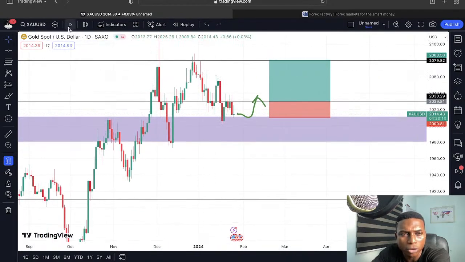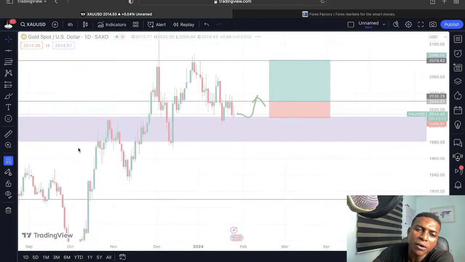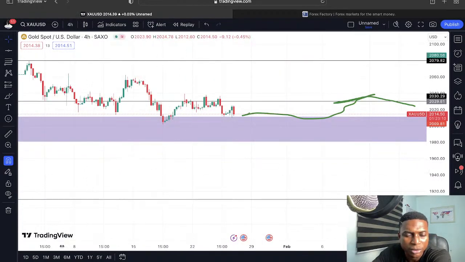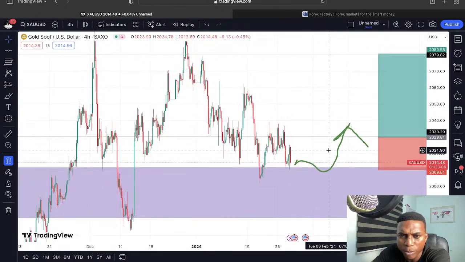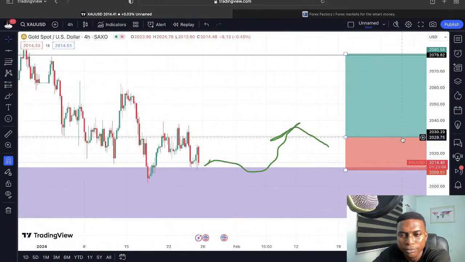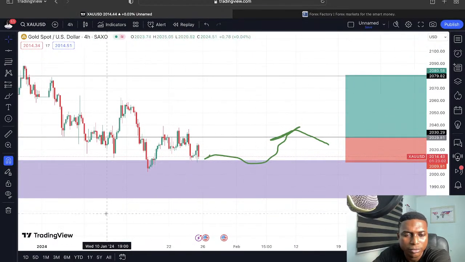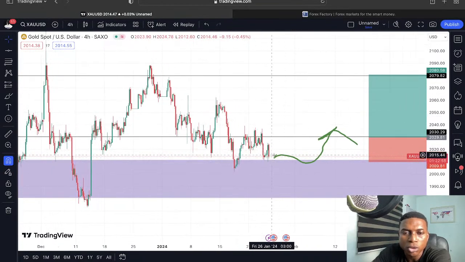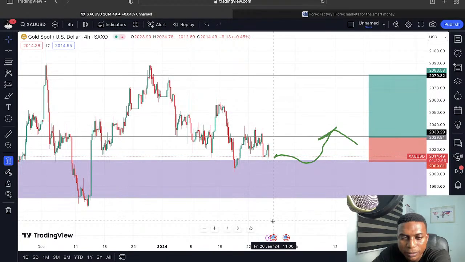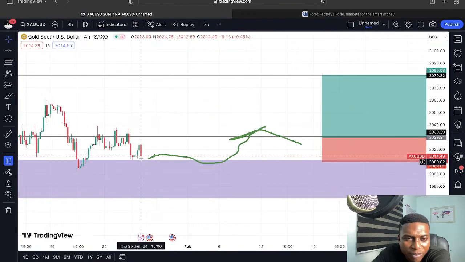Awesome. Now let's go down to the 4 hour time frame to see what the market is saying, what price is saying. From here we can see that price had been rejected at this level 4 hours ago, and currently price has come down to this level again.